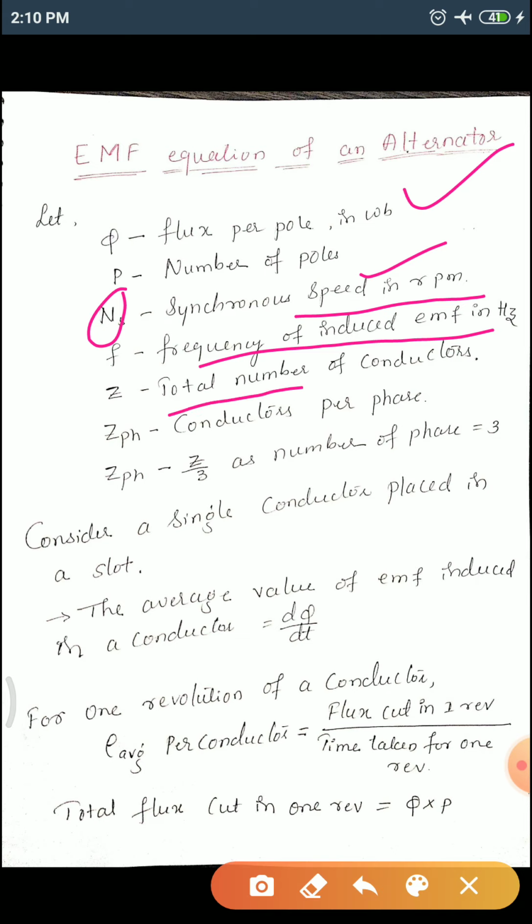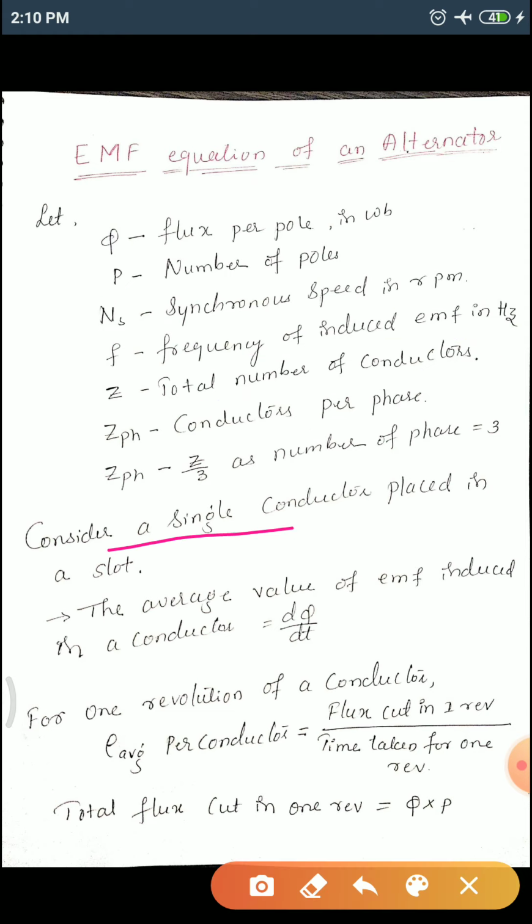Z is the total number of conductors, and Z phase is the conductors per phase, given by Z divided by 3. The number of phases is equal to 3. Whenever you are calculating per phase, you have to take the total conductors Z divided by 3.